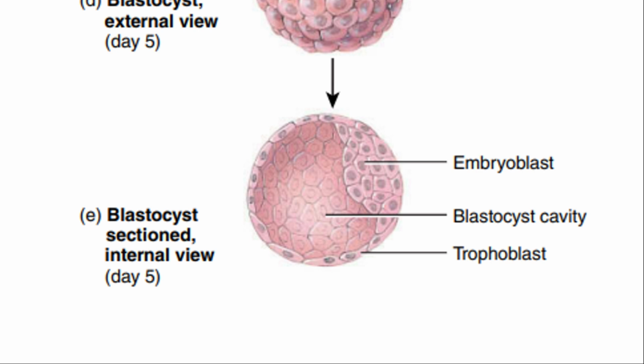In the blastocyst stage, mayroong dalawang cell populations. The cells that form the periphery of the blastocyst constitute the trophoblast. Yung cells naman that aggregate inside the blastocyst, we call that the embryoblast, aka inner cell mass. The embryoblast or inner cell mass is the one that will give rise to the embryo.